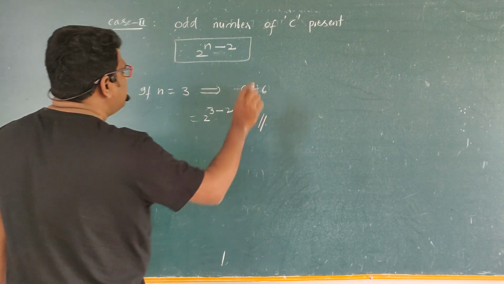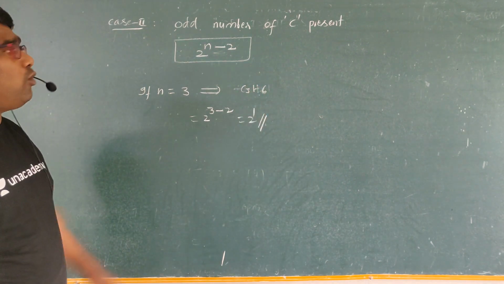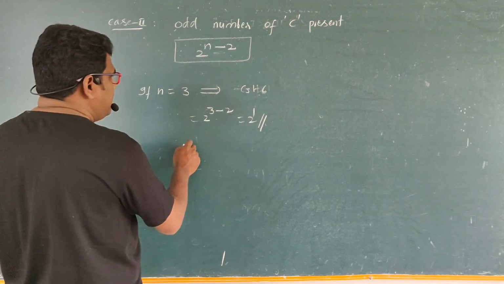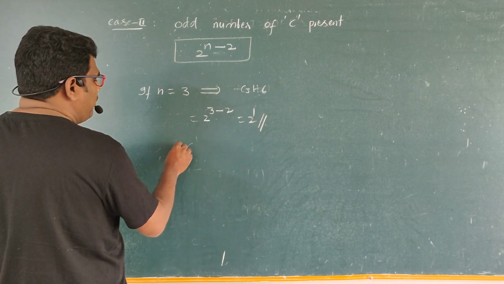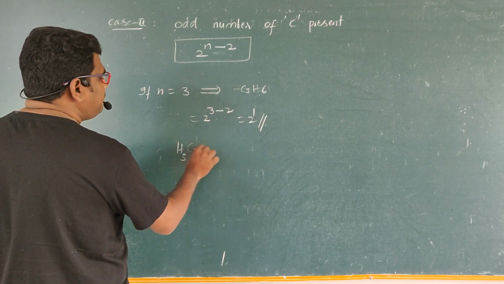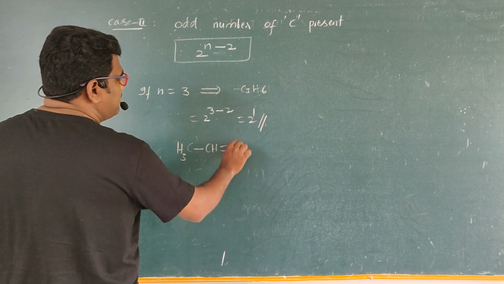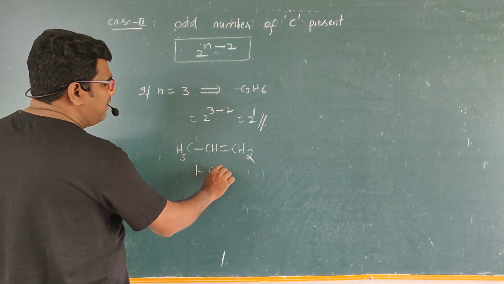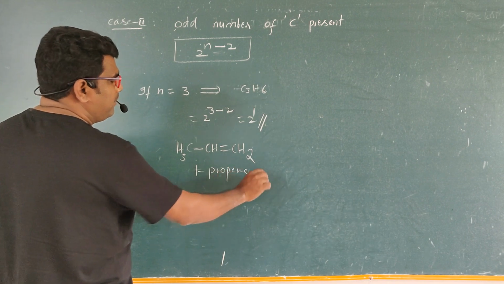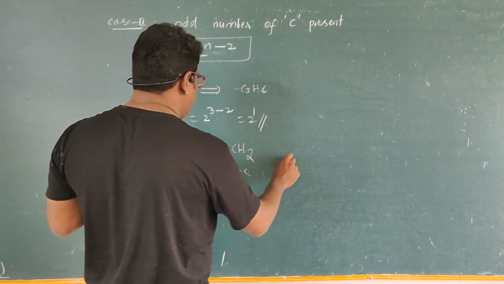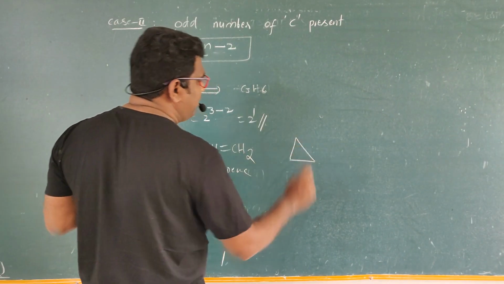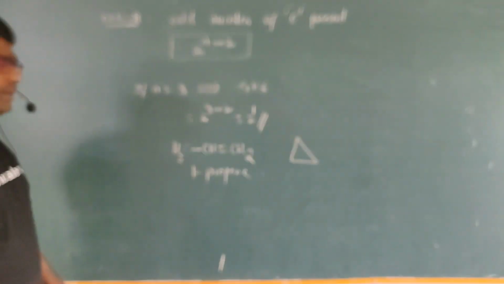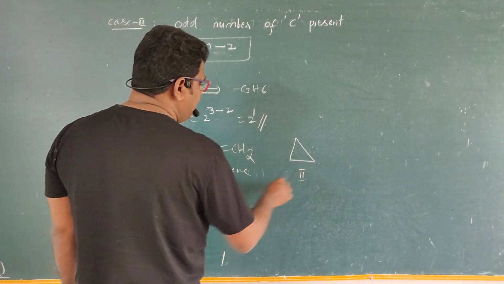How many isomers? 2 isomers. What are they for C3H6? One is CH3, CH double bond CH2, my dear student, 1-propene, which is one isomer. And another isomer is cyclopropane. This is the second isomer.